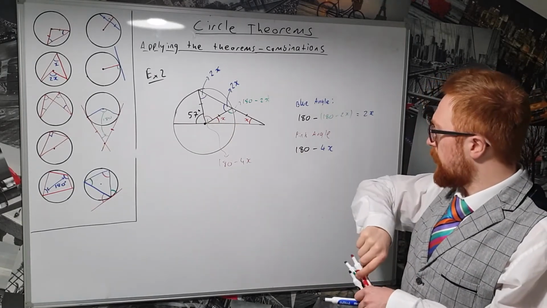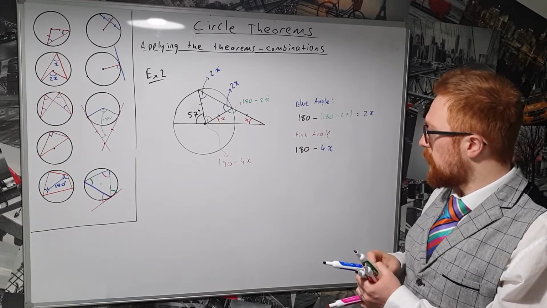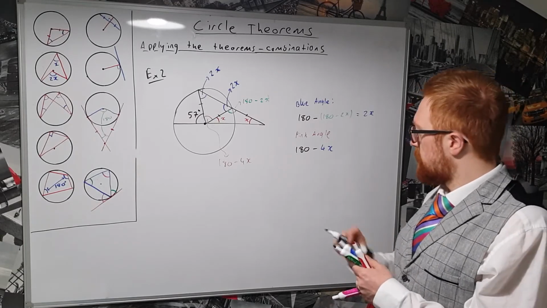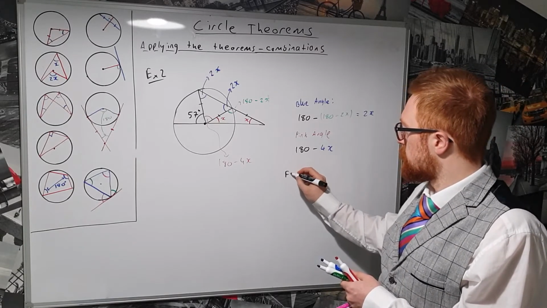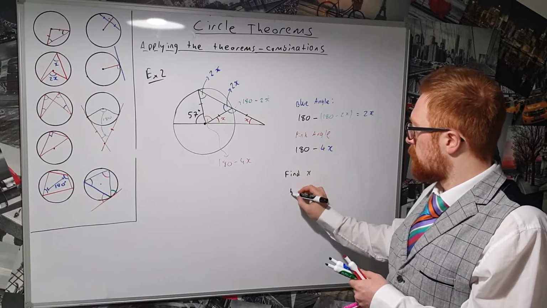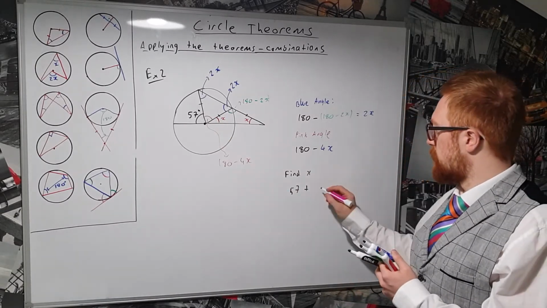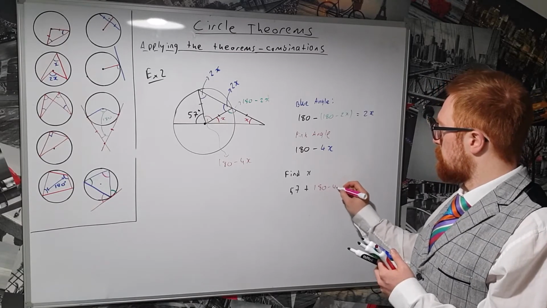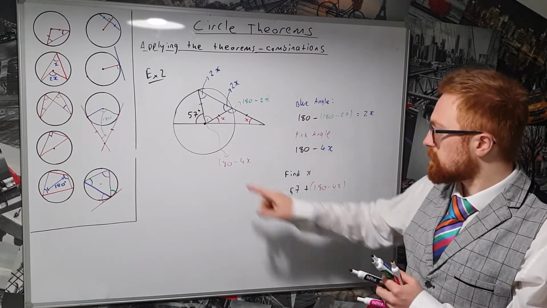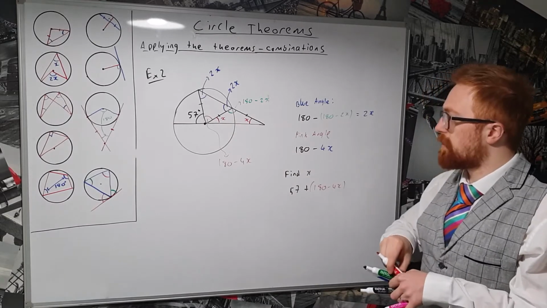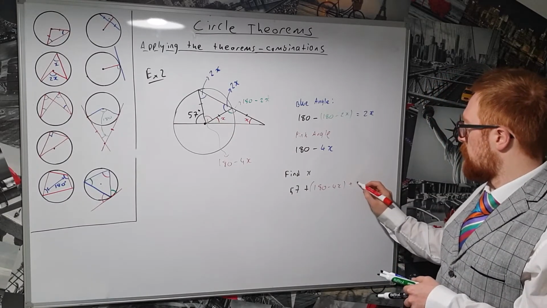So then to work out what x is, I'm going to do 57. So to find x, I'm going to do 57 plus this pink angle, which is 180 minus 4x, plus our third angle there, x.